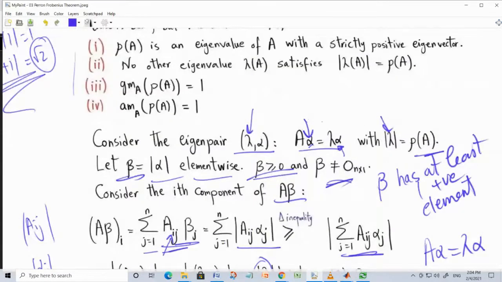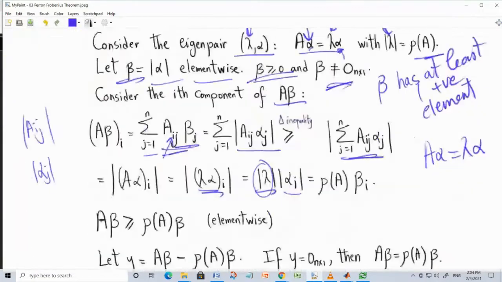Again, we started with an eigen equation, not with an arbitrary eigenvalue. We specifically focused on an eigenvalue whose magnitude is rho of A. So this is rho of A, and the magnitude of alpha_i is beta_i by how we defined vector beta. And this is true for every i, for every component. So element-wise, we have this relationship.